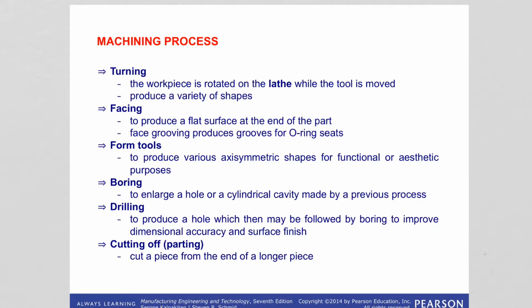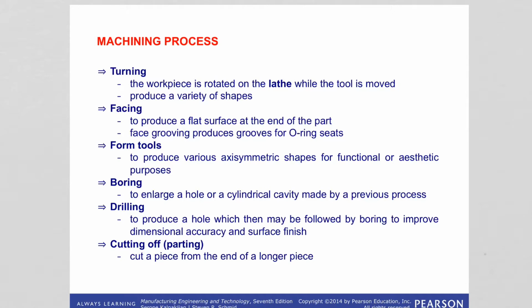This chapter will describe processes with the capability of producing parts with rotational symmetry. For example, screws and turbine shafts for power plants, rolls for rolling mills. These are some examples. And the most basic machining process is turning, where the part is rotated while it's being machined.